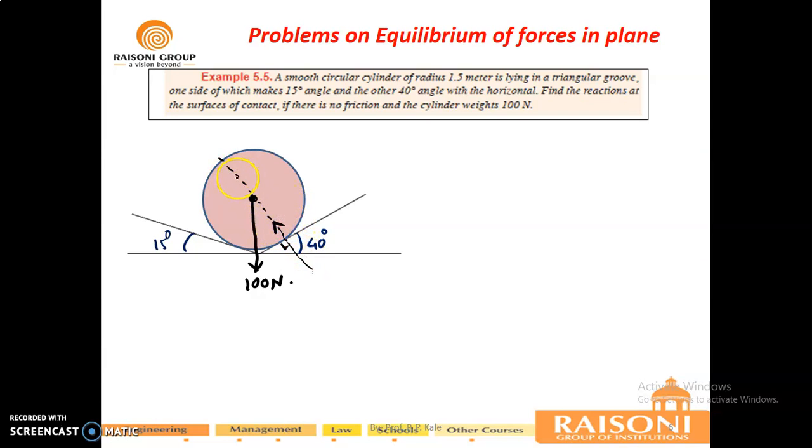So this will be your reaction and this will be towards the body. Okay, so let us say this contact surface as A and let us say this contact surface as B. So this will be reaction of B contact, and from this particular contact you will get reaction like this. So call this as a reaction from B contact.